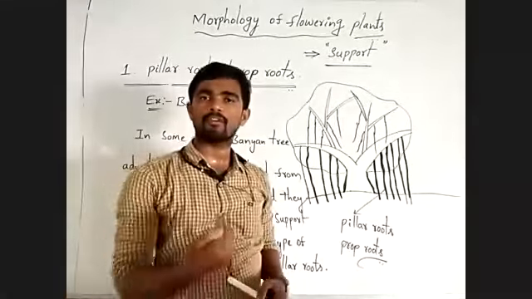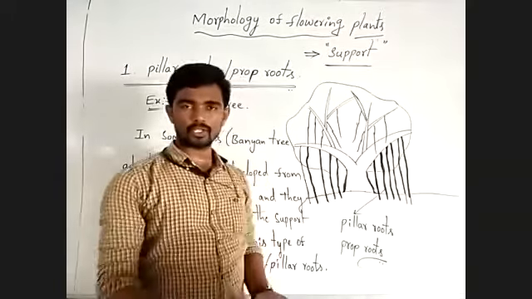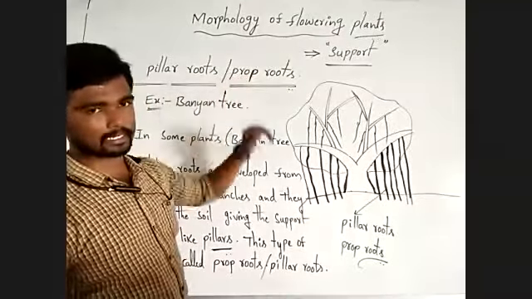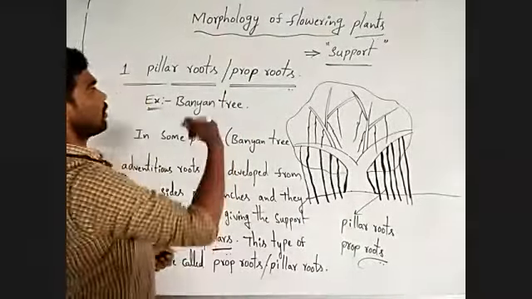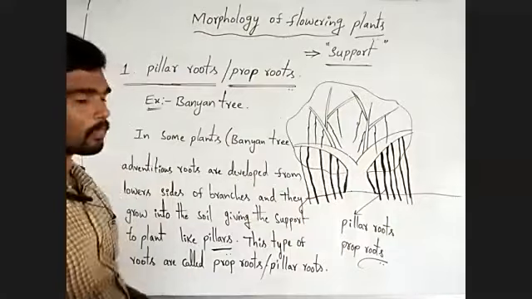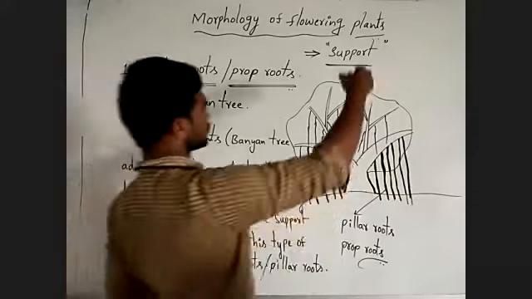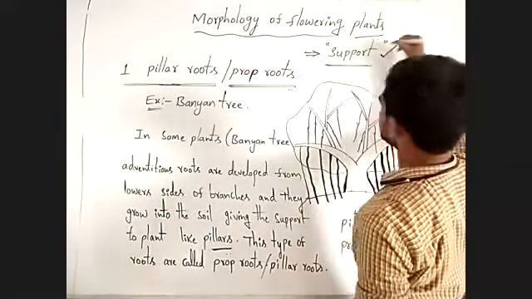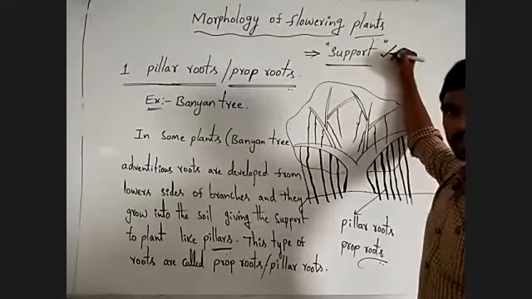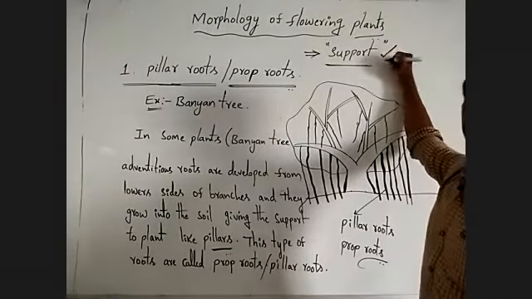Means to perform the additional function, roots are modified like pillar roots or prop roots. This is the secondary function. Actually, this is not a function of the root system; it is an additional function.